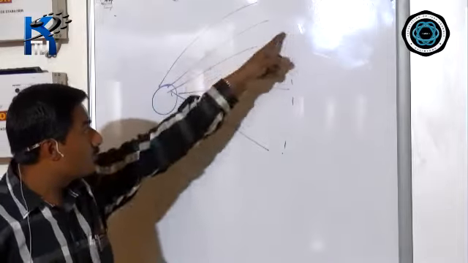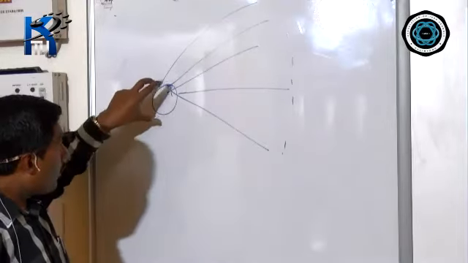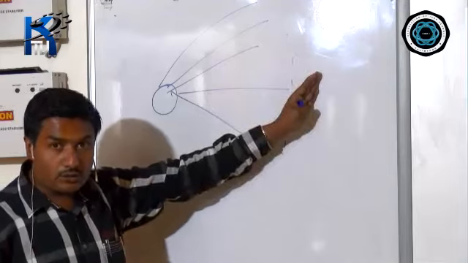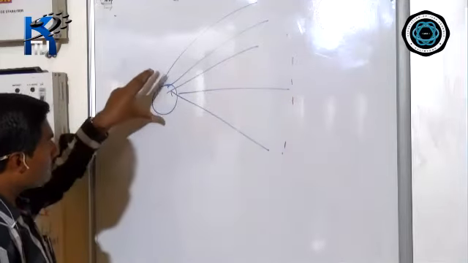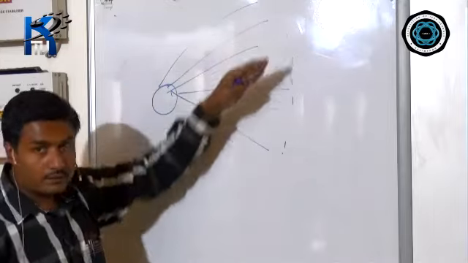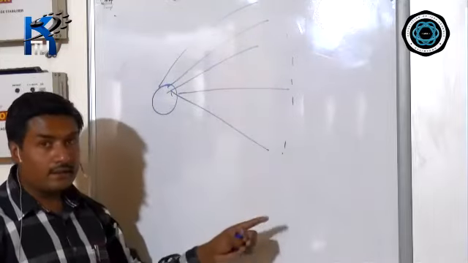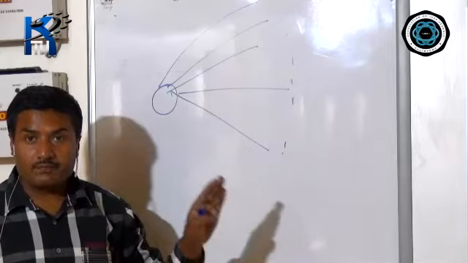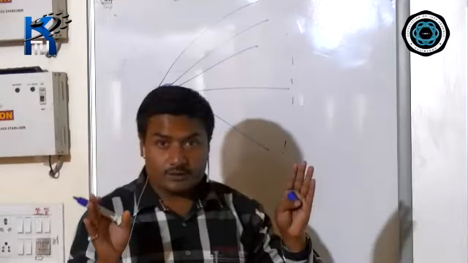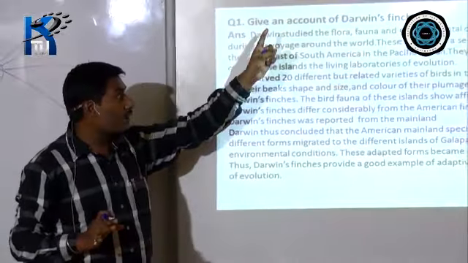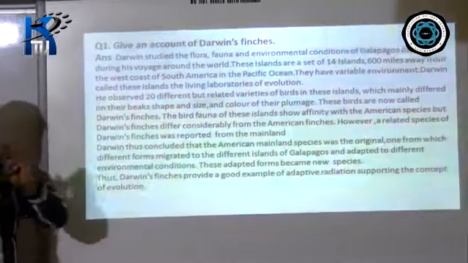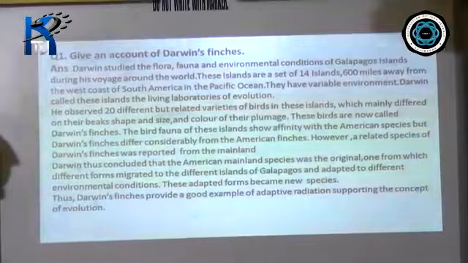Convergent, you see 14 of them from one, they migrated to 14 different islands. So it gives convergent also, and it gives divergent also. From one they diverged to 14 different islands, 20 different types of finches. So this is one example I have given. Whenever a question like 'account' comes, then give the overall view.